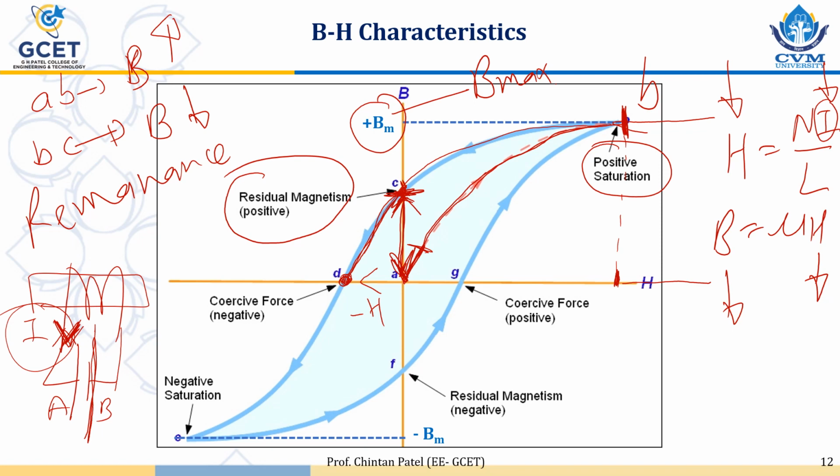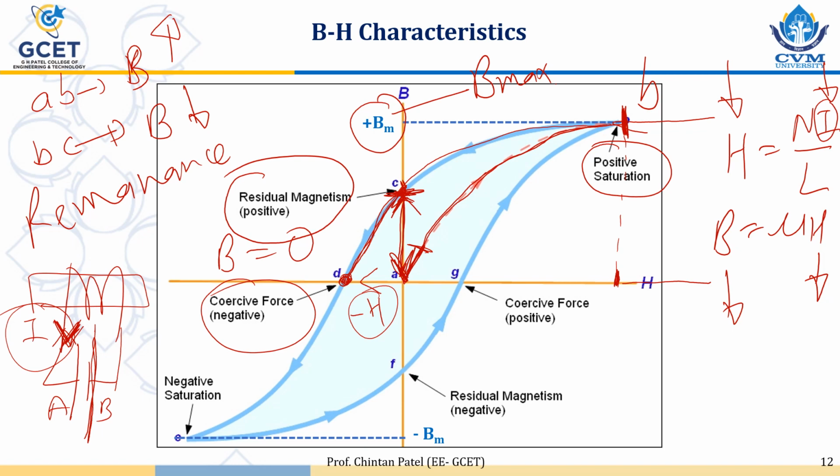At point D, the B value is 0, but H is having some negative value. And this magnetizing force is known as coercive force. So the negative coercive force is the magnetizing force or magnetizing strength which is required to make the residual magnetism 0.